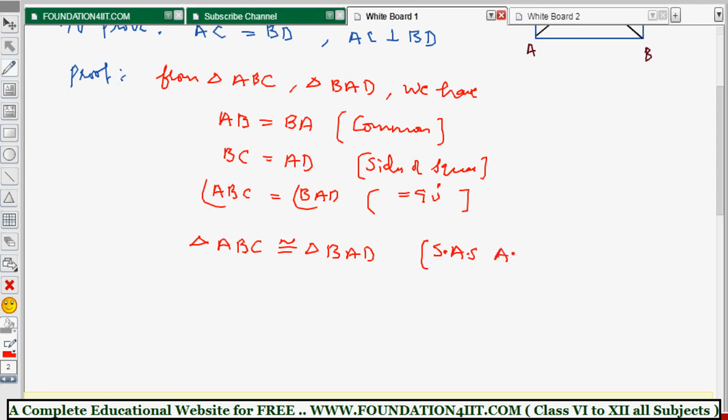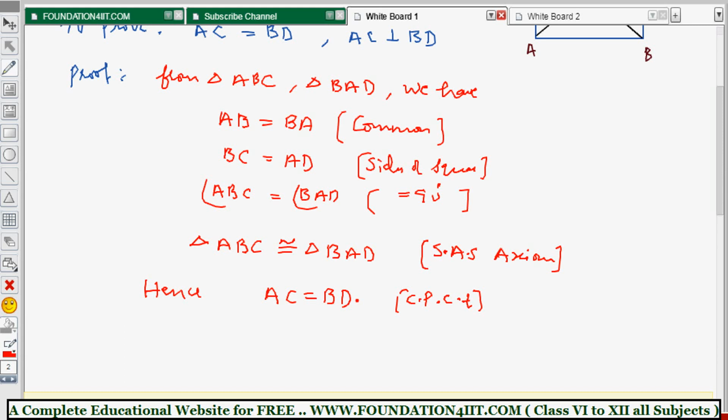So based on this axiom, these two triangles are congruent. Once two triangles are congruent, by CPCT I can prove AC is equal to BD, because AC is one of the sides in triangle ABC and BD is the other. So the diagonals are equal. That is CPCT, corresponding parts of congruent triangles are congruent.